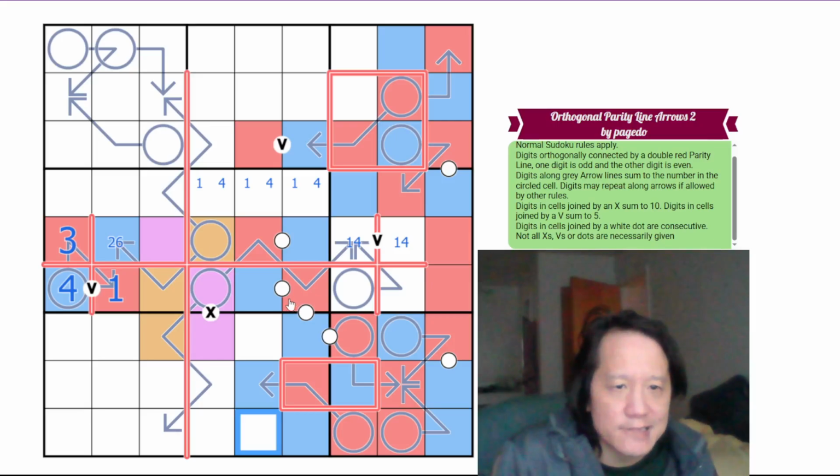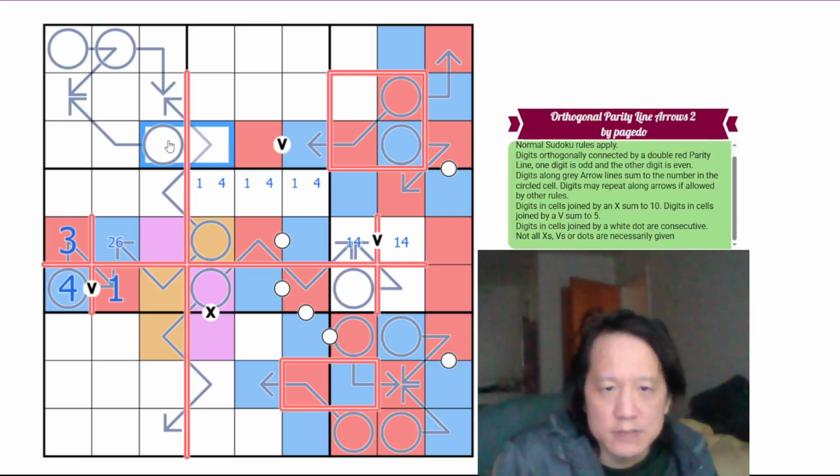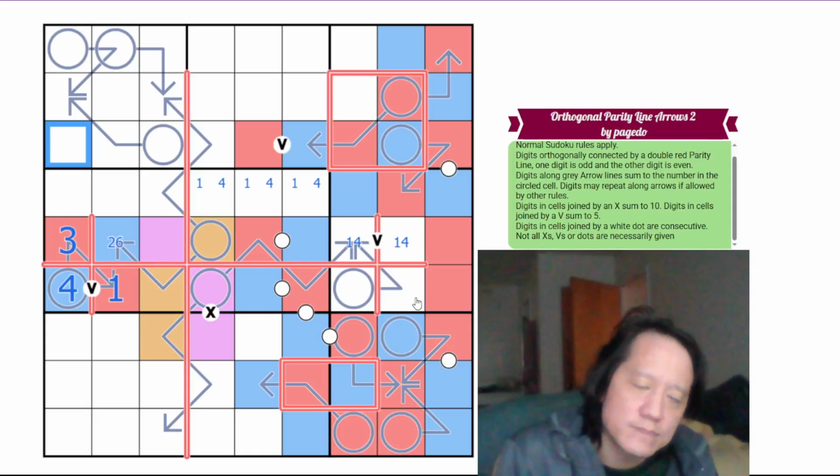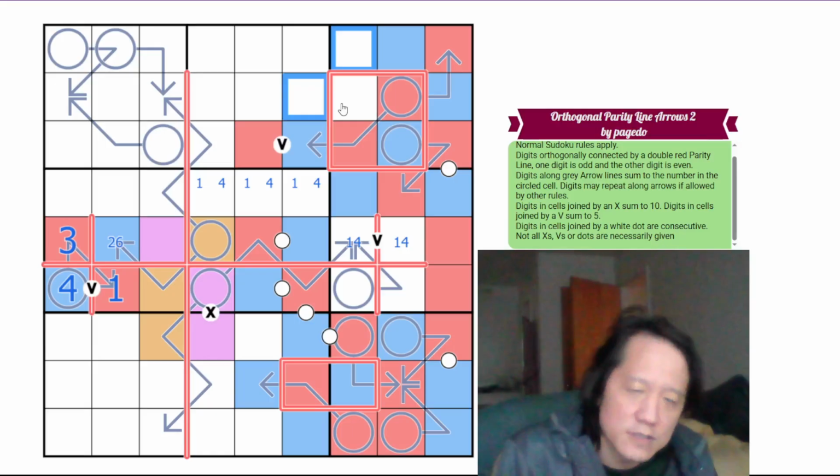Where do we go to next? These are opposite sets. That gives us 4 odds and 3 evens in row 3. So this must be opposite sets too. These are the same set as each other.